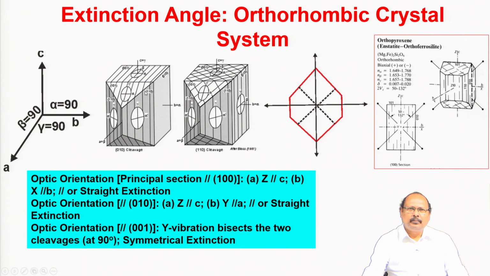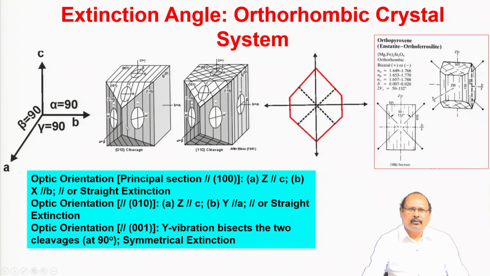Everywhere, if you draw an indicatrix in a particular orientation, for example in 110, this is the direction of your C crystallographic axis, and this is the Z vibration direction, and this is the alpha dash vibration direction.